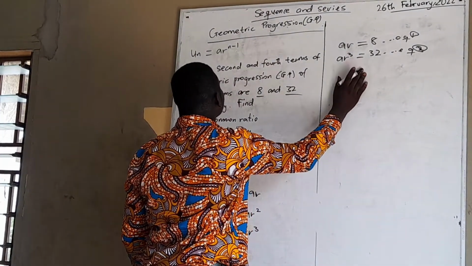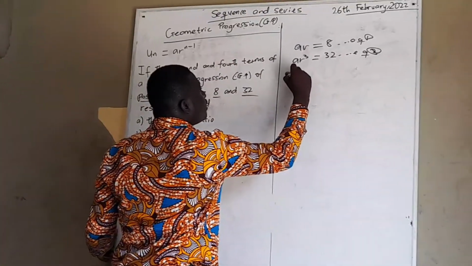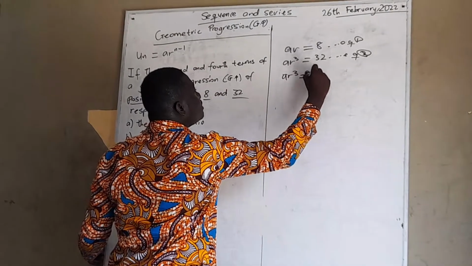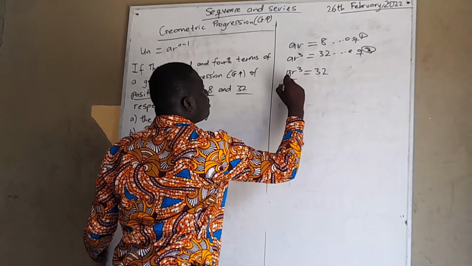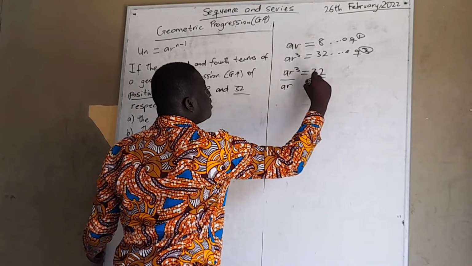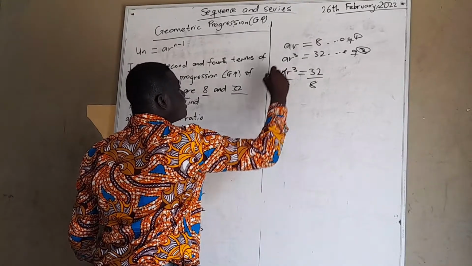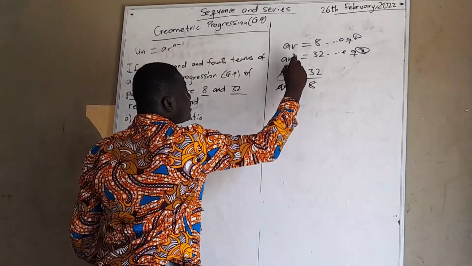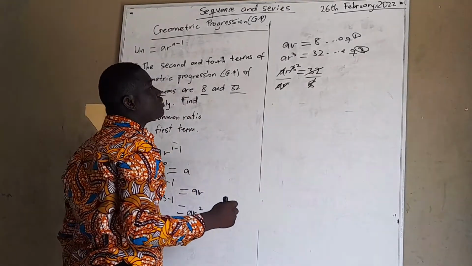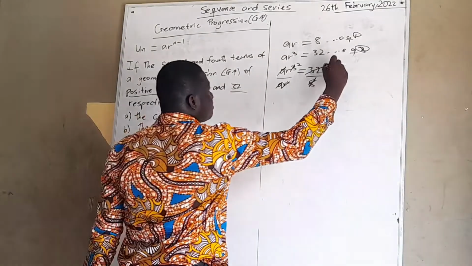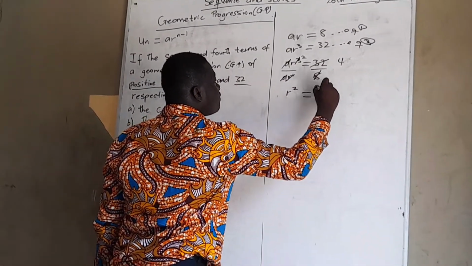Now we have ar cubed, which is equal to 32, divided by ar, which is 8. So this will cancel this, and this will cancel leaving the remaining squared. Then 8 will go into 32 how many times? 4 times. Good. So now we have r squared is equal to 4.